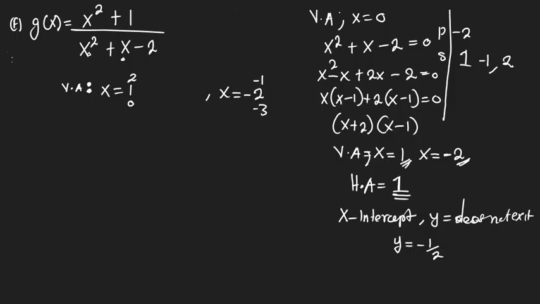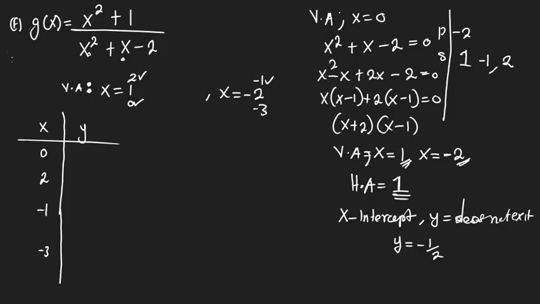Make points, coordinates. Get all the points. You can have a 2, you can have a 0, which is here. Then you also get your negative 1, and you also get your negative 3.